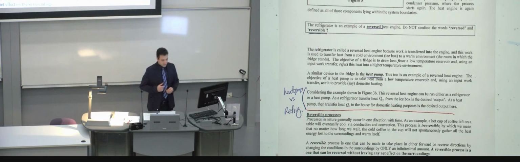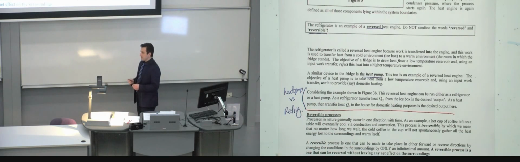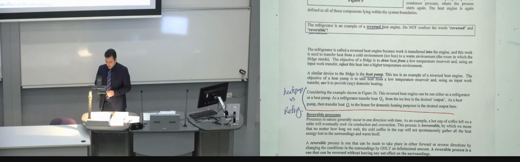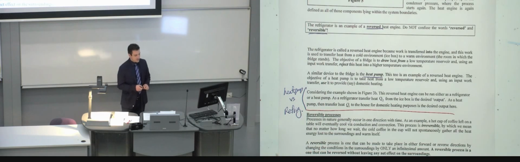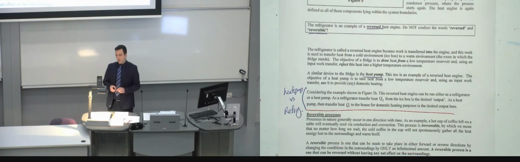Now, I have mentioned reversible a lot of times, and this is when we start looking at what it really means and why we even have to bother about looking at reversible cycles or reversible processes.